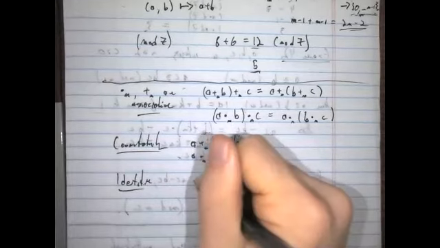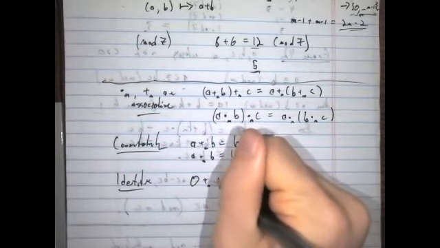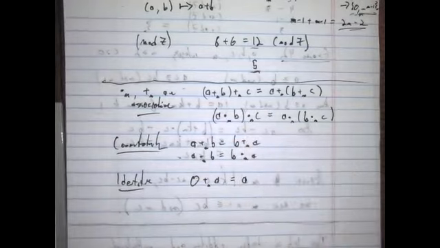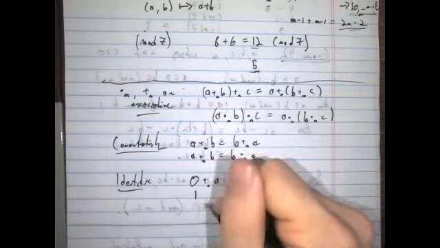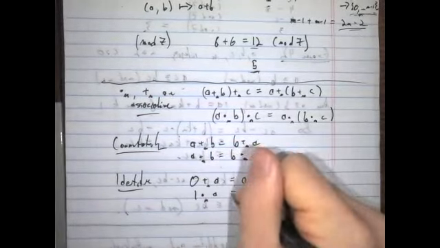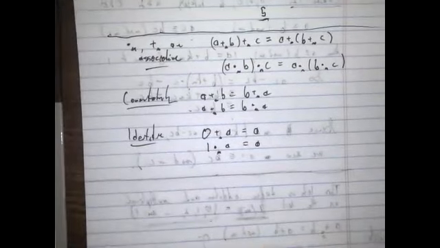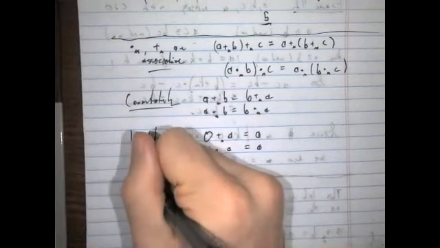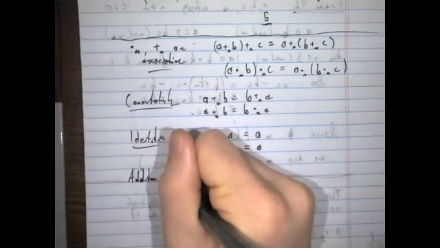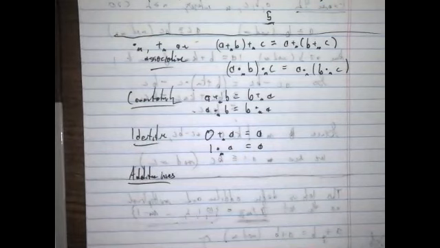So for instance, 0 plus m a is just equal to a, and similarly 1 times m a is equal to a. We have additive inverses. What is the additive inverse in the integers? Like, what's the additive inverse of 4? Negative 4. Very good. So an additive inverse is something that you add to get 0, right?